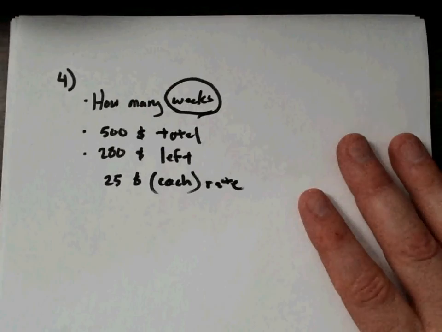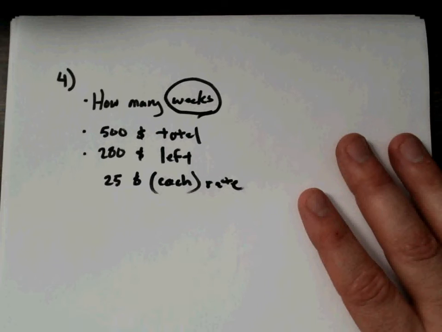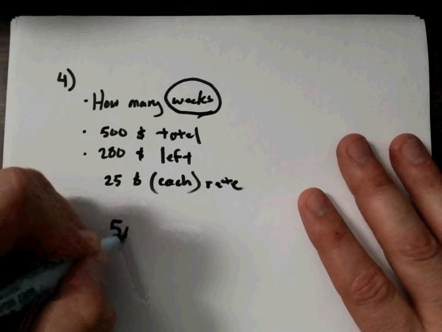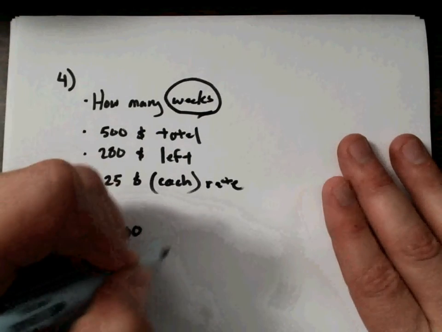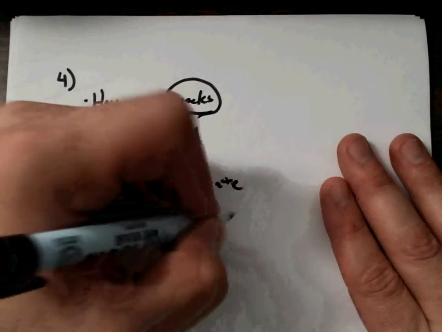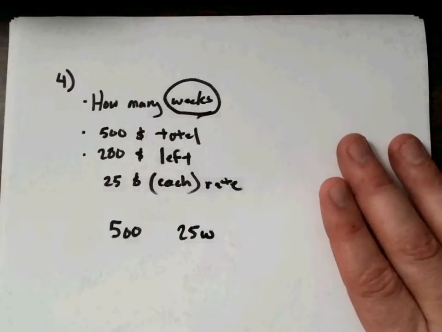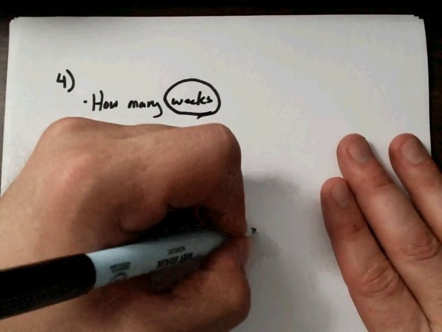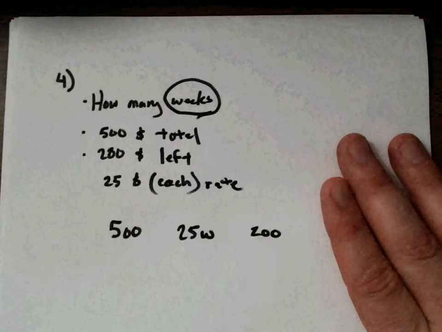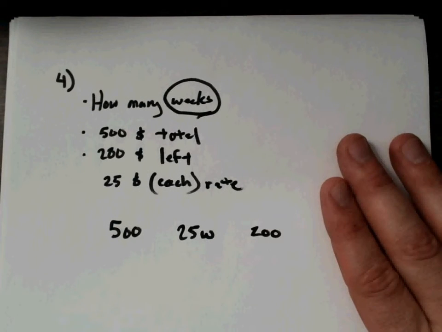Okay? So from there, the only thing we've got to decide is greater than or less than. Okay, so I'm going to have 500 total, 25 per week, and then I have 200. Okay, so now I got to decide what to put.